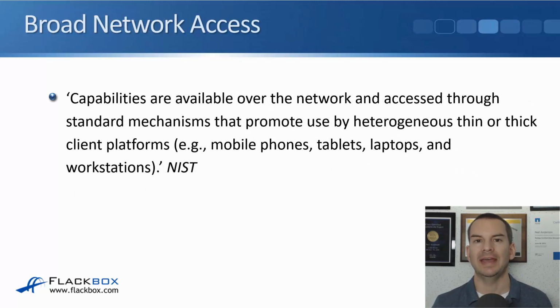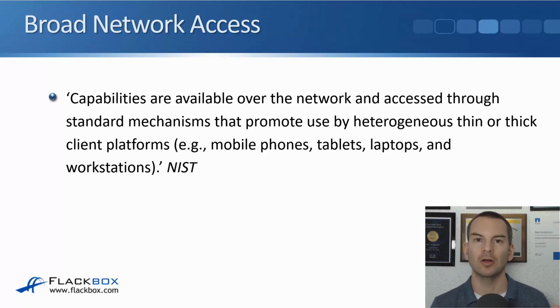Next one is broad network access. So the first two characteristics, really, they're characteristics of cloud, and it's very hard to do that with an on-premises or a colo solution. The broad network access, really, this applies to on-premises and colo as well normally. But for a service to be classified as a cloud service, it also has to meet this characteristic. With the characteristics, it's not a case of a cloud service just has to meet one of those.